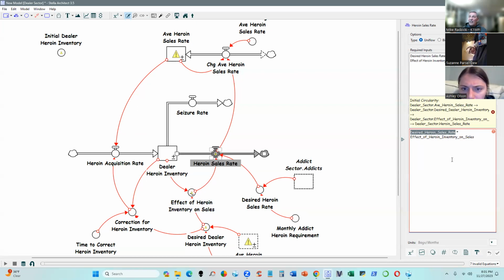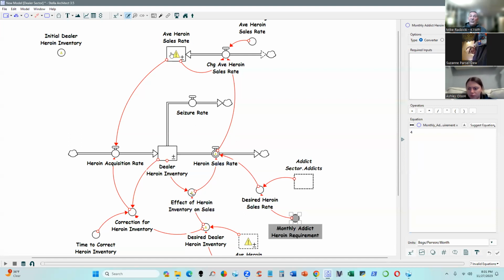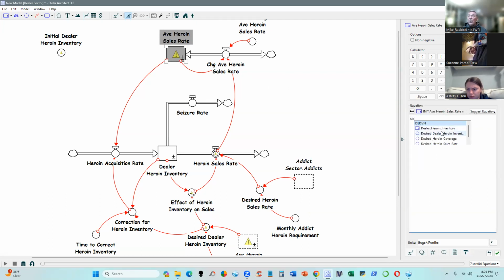When the effect is 1, the sales rate is equal to the desired sales rate. The desired sales rate is calculated without any of these things in the loop. So you can use that. We can go up here and say, it's not the heroin sales rate, let's use the desired heroin sales rate. And it's not involved in the loop.